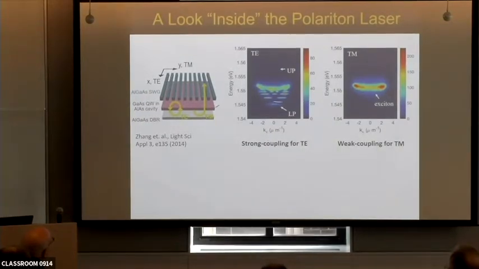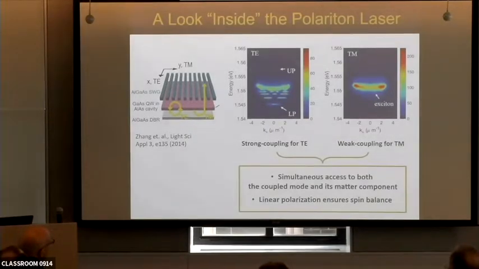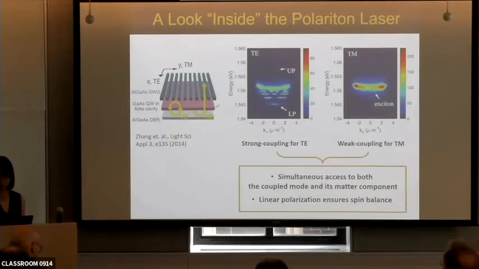At the same time, with the linear polarization, we ensure population balance between the spin up and the spin down population. So we can use the distribution functions for the TM modes that we can measure directly to infer what is actually happening for the reservoir of the TE modes. That gives us simultaneous access to both this Polariton system and the matter component, or the matter reservoir, of the system.